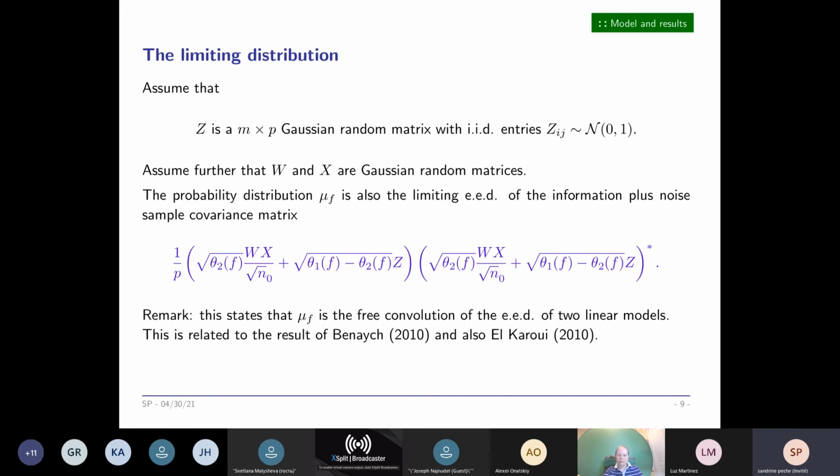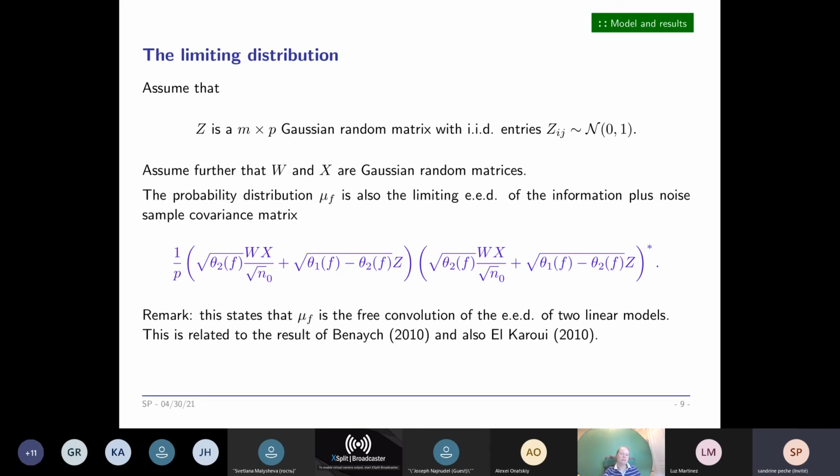So how do we construct this matrix? I will need 3 Gaussian matrices with IID entries. I don't insist on the dimensions, but they have the good dimensions, okay? So that at the end, we obtain an M times M random matrix.